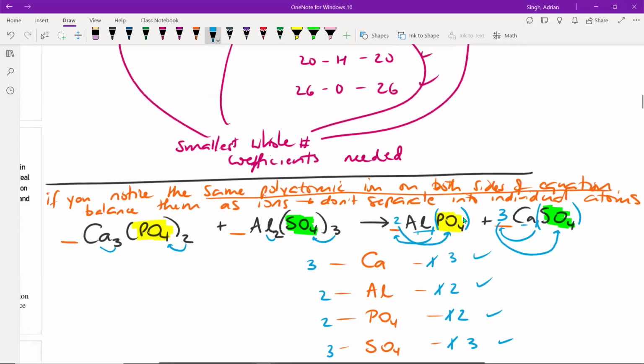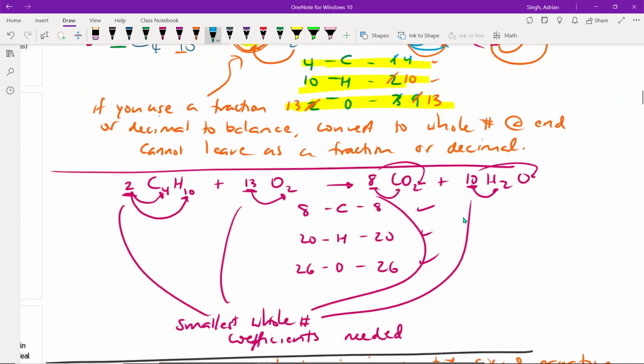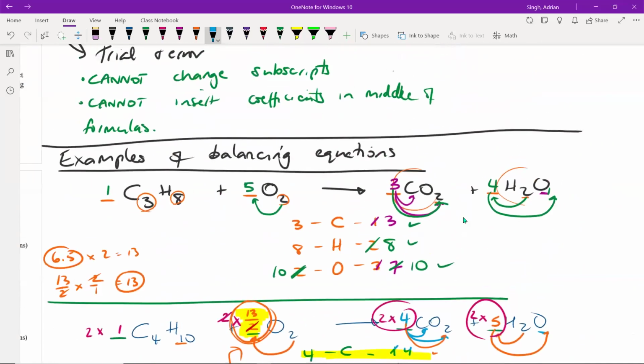So feel free to use any or all of these strategies as you balance your equations. And again, really, it does boil down to trial and error. But the strategies that I just shared with you make the trial and error a little less of just guessing, rather than approaching it systematically.